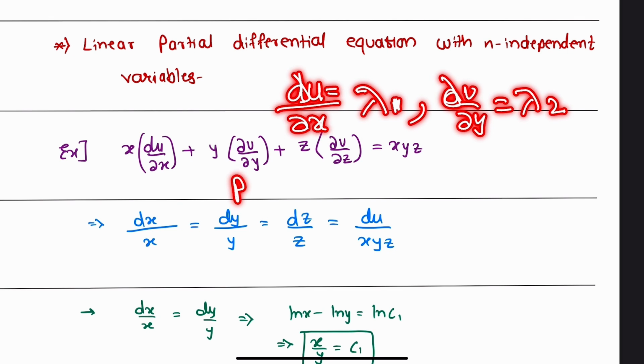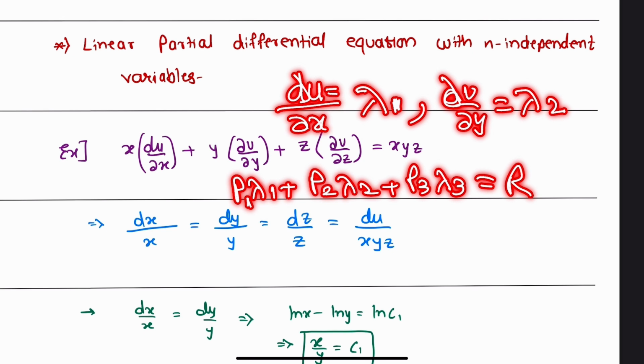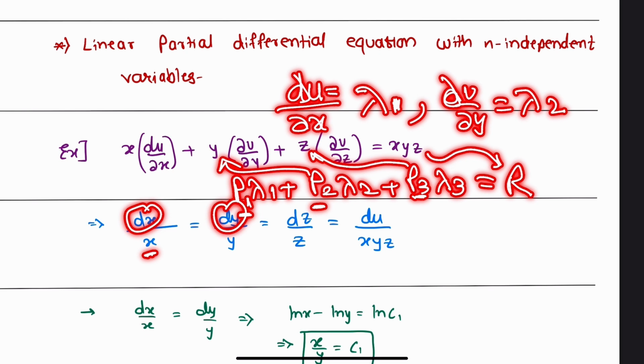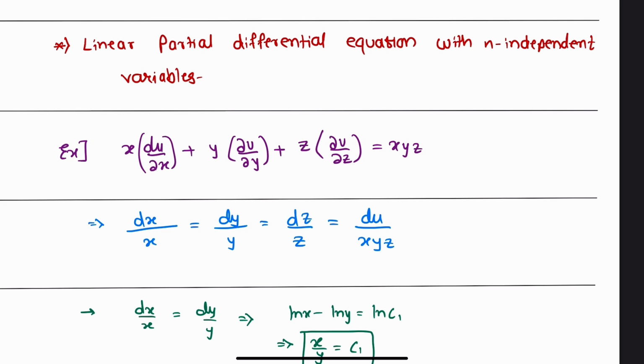Then we will write this as p1 lambda 1 plus p2 lambda 2 plus p3 lambda 3 equals r. Here p1 is x, p2 is y, p3 is z, and r is xyz. Now see dx by x, dy by y, dz by z, and du by xyz.